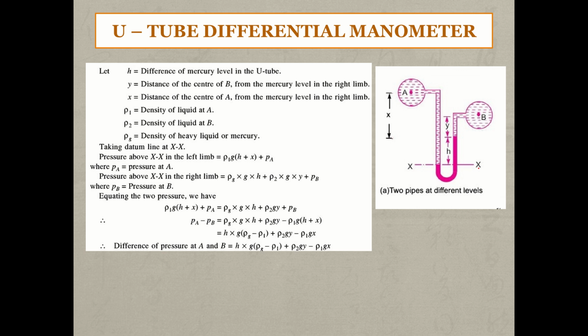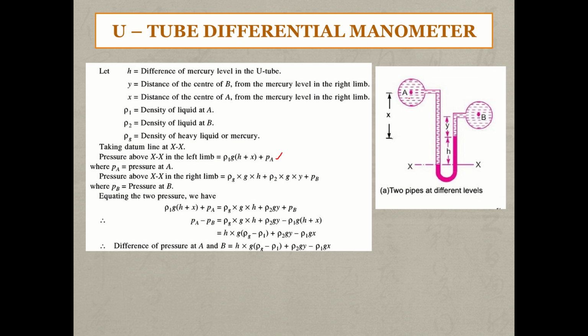We write the pressure on the left side, we write the pressure on the right side with reference to datum, and we equate both. So similarly, on the left hand side, there is point A, hence the pressure at A will be counted, so PA plus, because of this liquid rho 1, there will be pressure created.